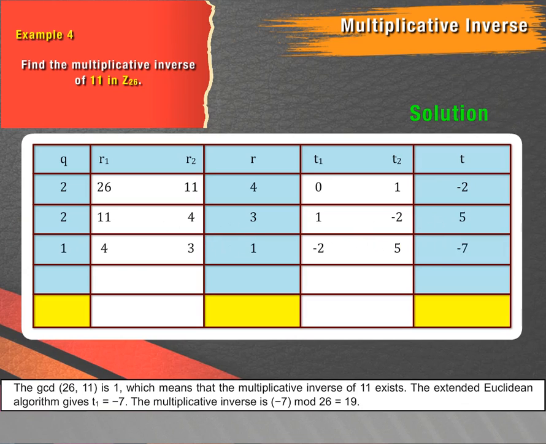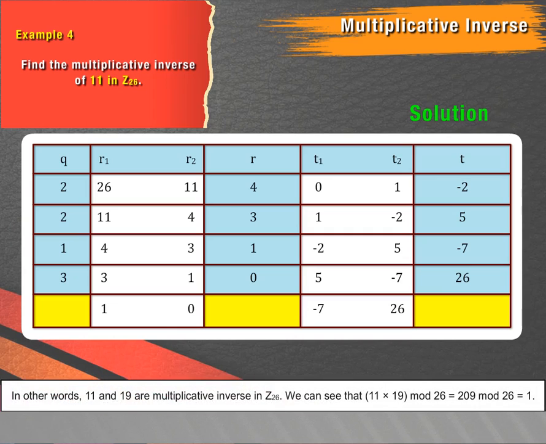The extended Euclidean algorithm gives t1 is equal to -7. The multiplicative inverse is -7 mod 26, which is equal to 19. In other words, 11 and 19 are multiplicative inverses in Z26. We can see that 11 into 19 mod 26 is equal to 209 mod 26, which is equal to 1.